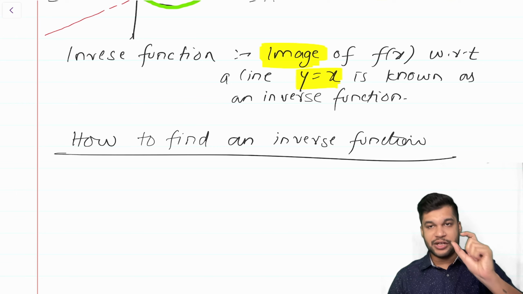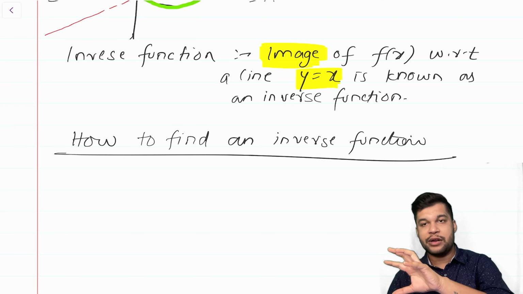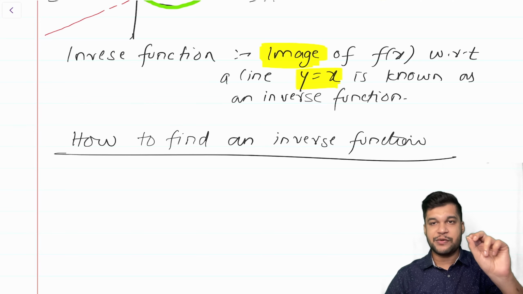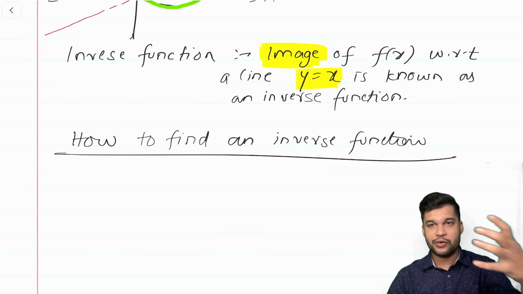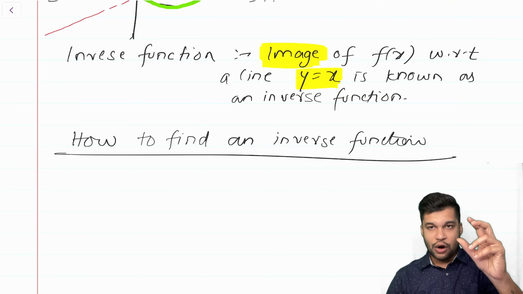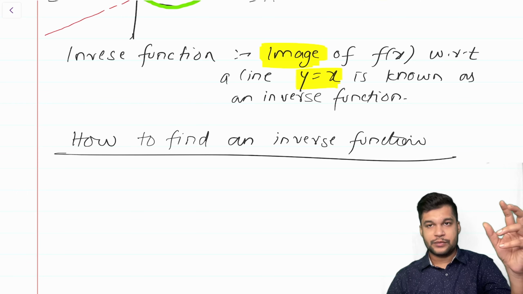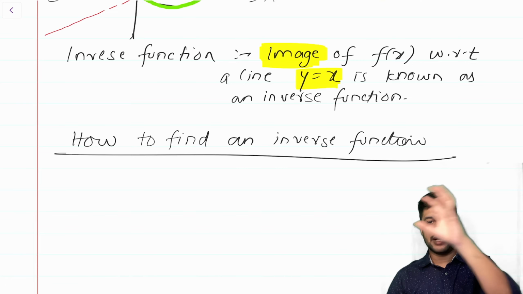When you take the image, the y coordinate will become the x coordinate and the x coordinate will become the y coordinate, which means the domain will become the range and the range will become the domain.